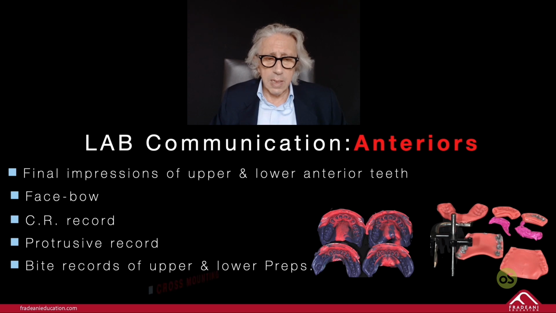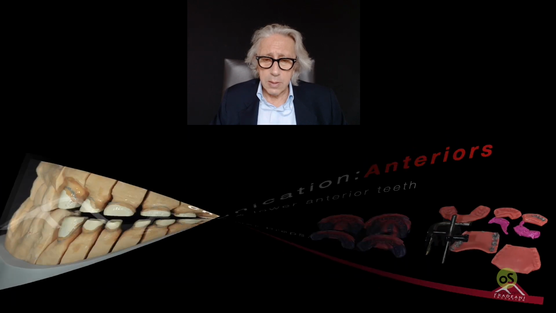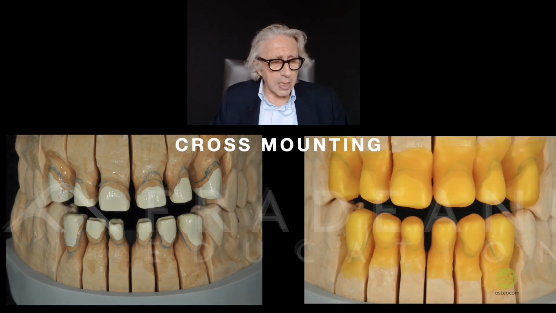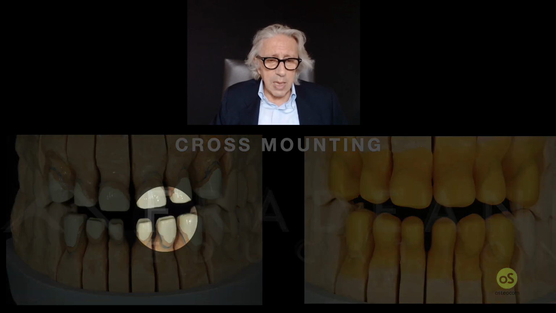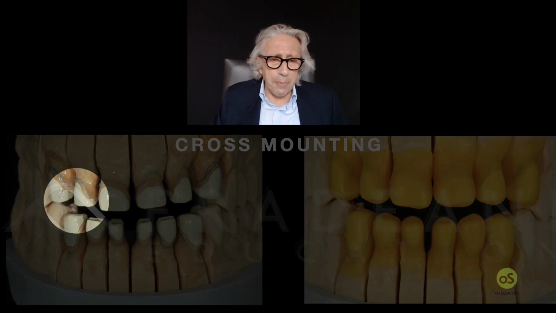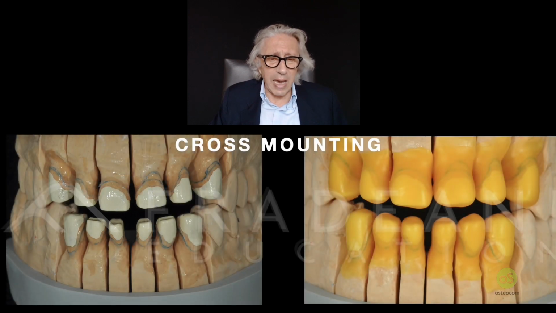We see again. And then cross-mounting to copy exactly what you obtained on the mock-up. Yes, because the space here is easily understood, but you have to understand how to occupy the upper, how to occupy the lower, how much to elongate the lower, how much to elongate the upper, how much to increase the palatal part of the upper, how to divide upper and lower anteriors.